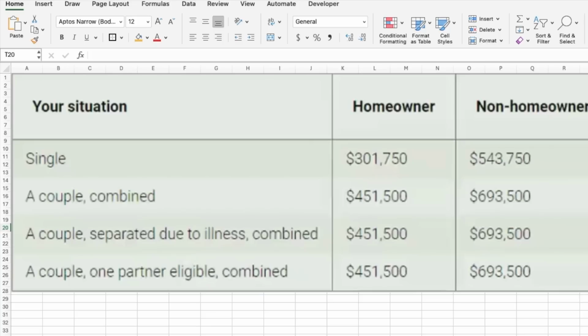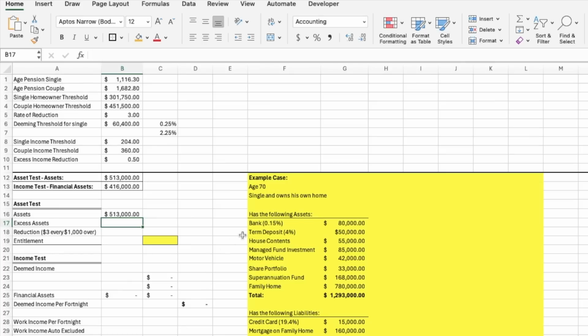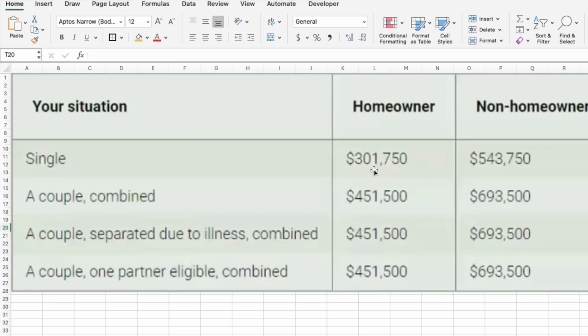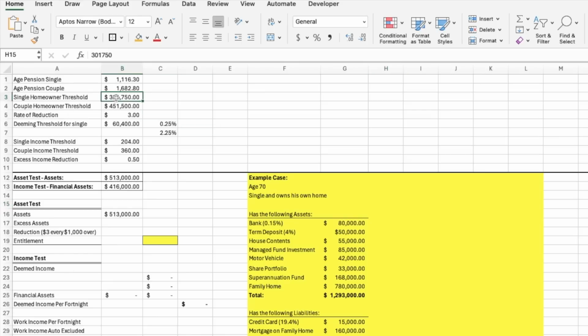So depending on your situation, you use different figures. But in this example, this person is, for just this case, single and owns his own home. That means for the asset test, we have home, single, we use $301,750, which I have up here. So that's the threshold. Anything over that is excess assets.